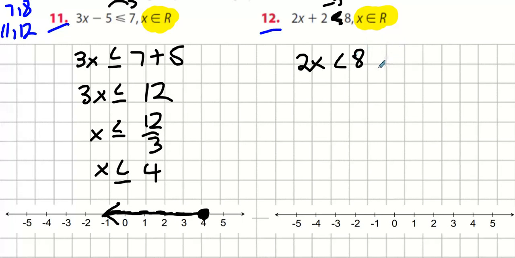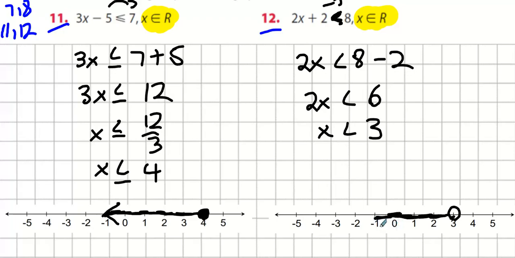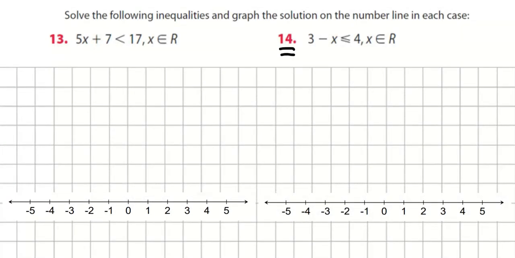That's okay. 8 minus 2 is 6, yeah. Divided by 2, which is 3. So hollow dot on the 3. Line all the way up. Cool. Okay, so what was the first move you made?